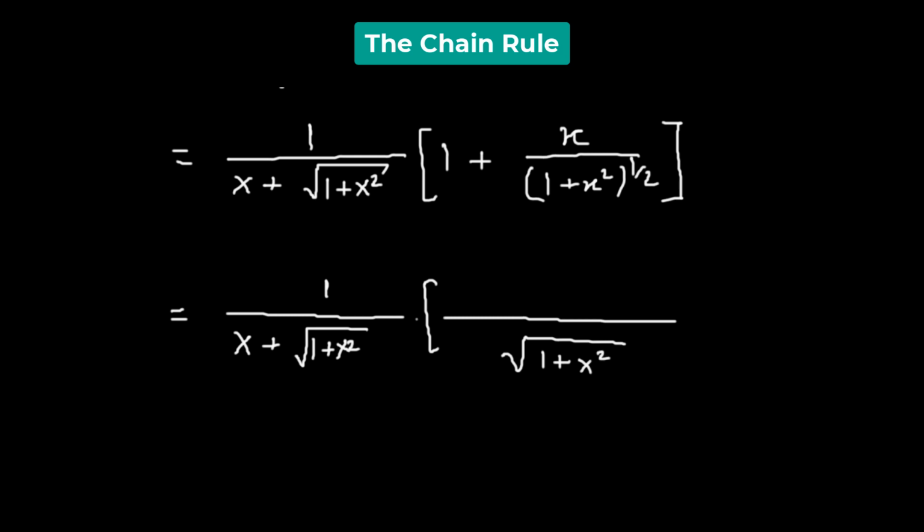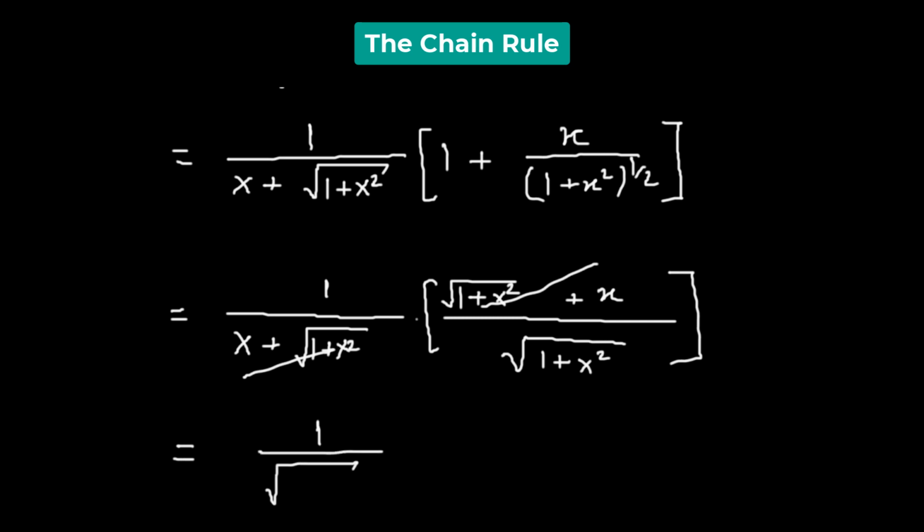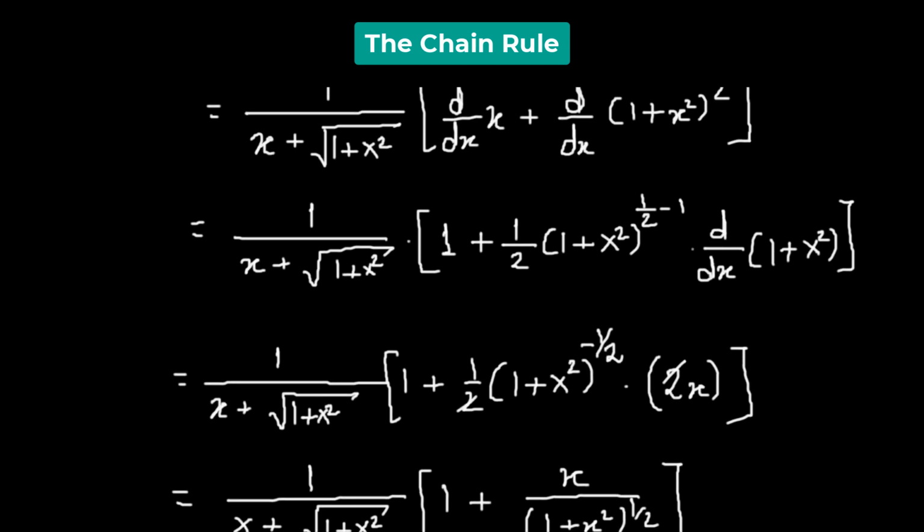So square root multiplied to 1 will give us square root of 1 plus x squared plus x in the numerator. Now we see that x plus square root of 1 plus x squared is present in both the numerator and the denominator, so they cancel out, and that leaves us with 1 over square root of 1 plus x squared. So this is going to be the derivative of our function.